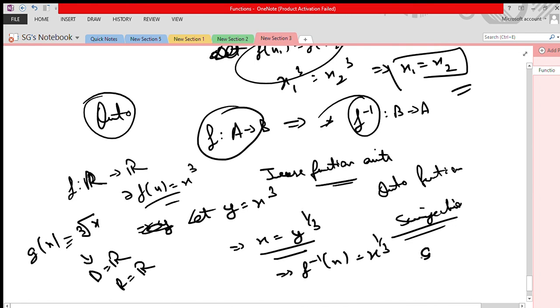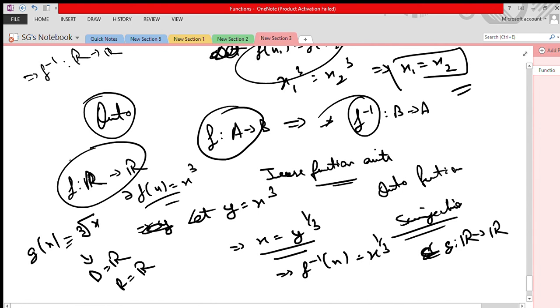Clear? Or you can say that f inverse will also have the domain in R and the range in R. So when this exists, this implies that this particular inverse image must also exist. So f(x) equals x cube is a surjection where its domain and range are real numbers.